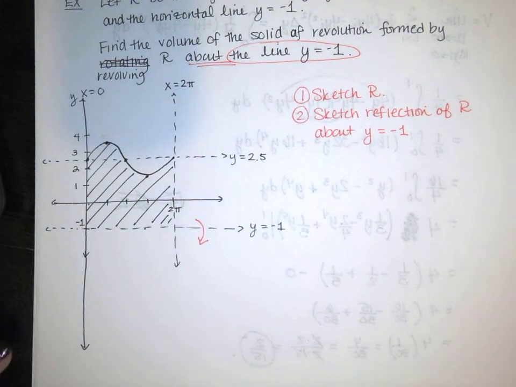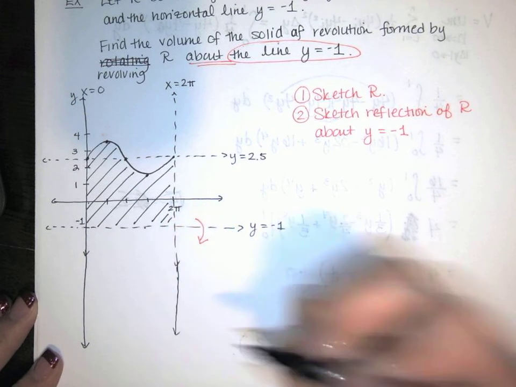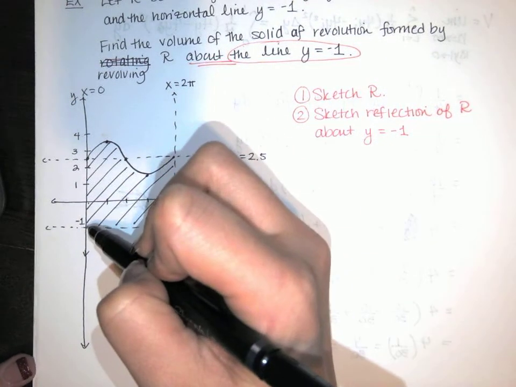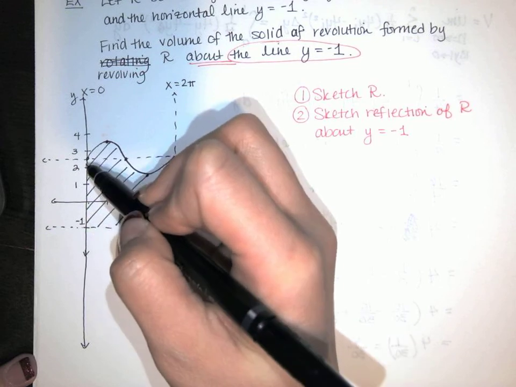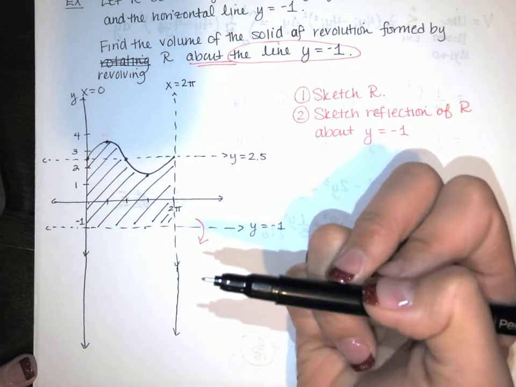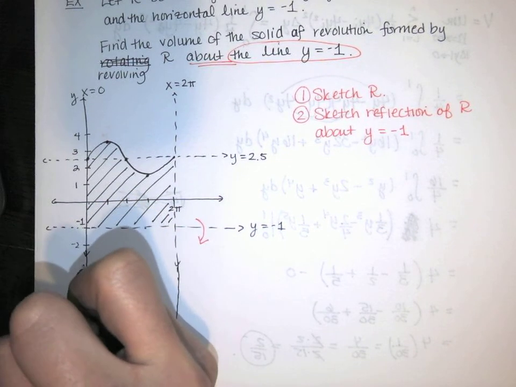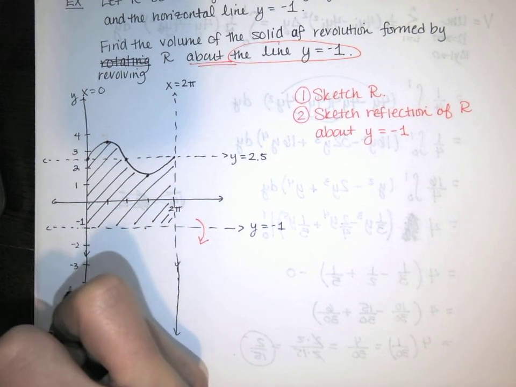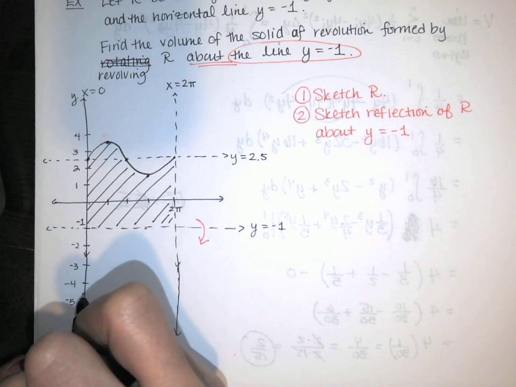So that's an option. I want to be a little bit more precise. So I'm starting at y equals -1 and I'm going up to 2.5. So that means I need to go 3 and a half units down. So I'm going to go to -2, -3, -4, that's 3 units, -5, 3.5 would be right here.